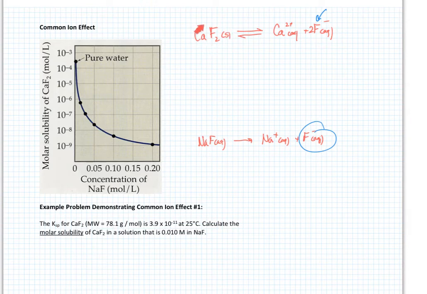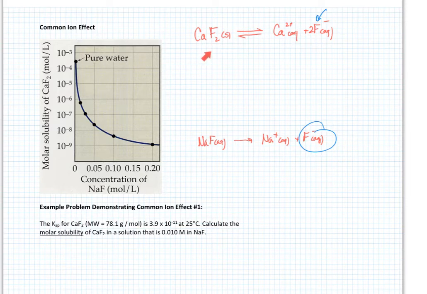So we anticipate that less calcium fluoride will actually dissolve since we have existing fluoride ions in solution. We can understand this graph strictly in terms of Le Chatelier's principle. We have extra fluoride ions. It's going to shift the equilibrium away from the formation of the ions and towards the solid side.